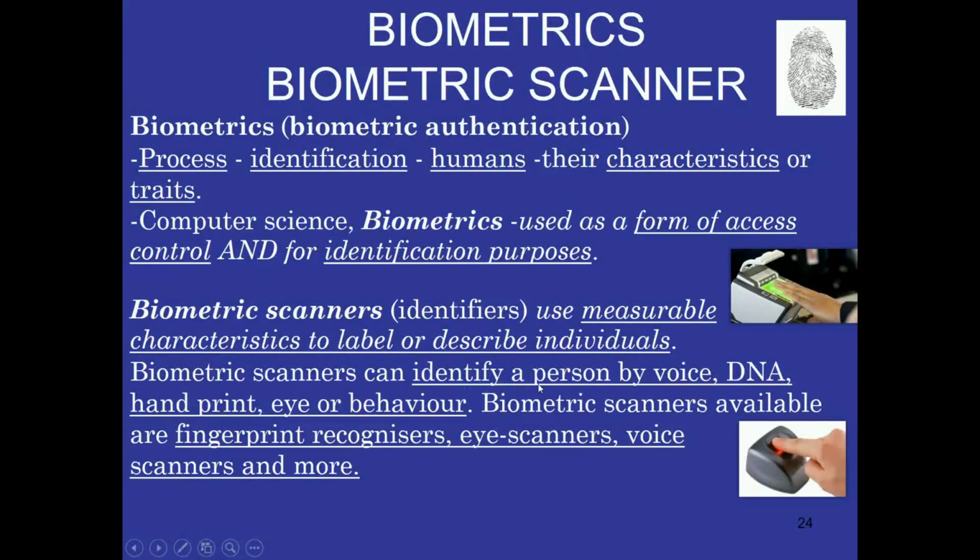Biometric scanners can identify a person by their voice, DNA, handprint, eye, or behavior. Biometric scanners available are fingerprint recognizers, eye scanners, voice scanners, and like we said, a lot more.